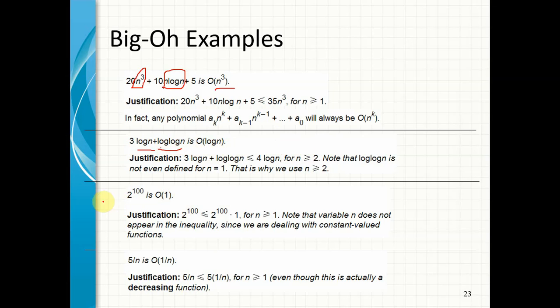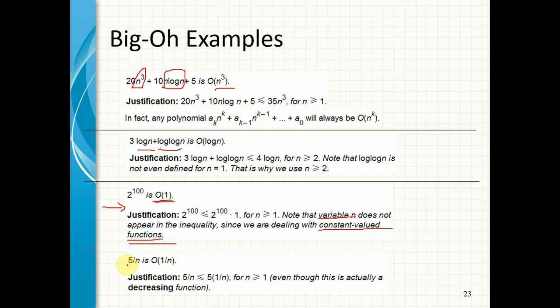And also, you can see this example, 2 to the power 100. It is actually a very large number, but because it contains no variable, it is a constant. Therefore, it is O(1). So remember, O(1) represents a constant.